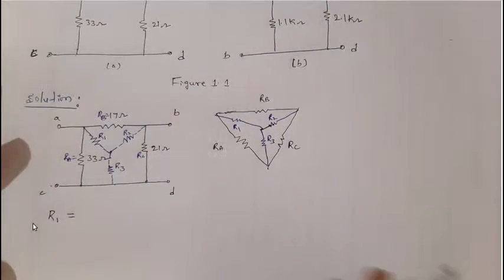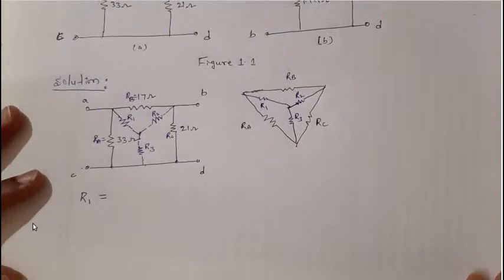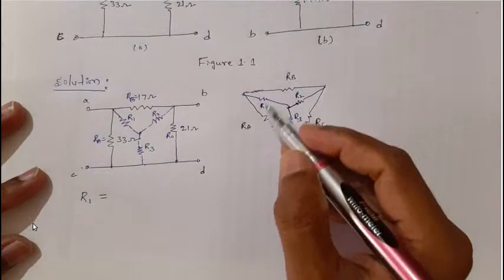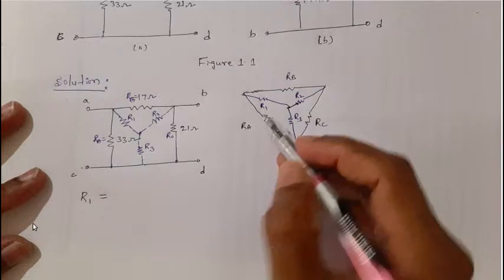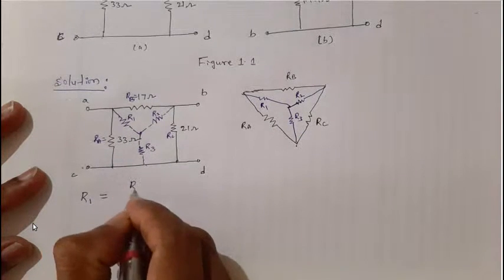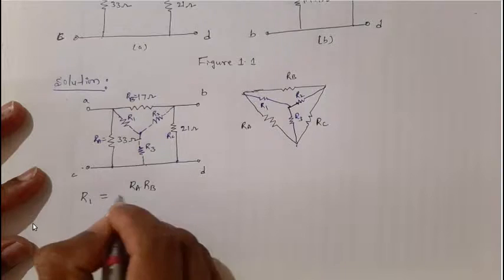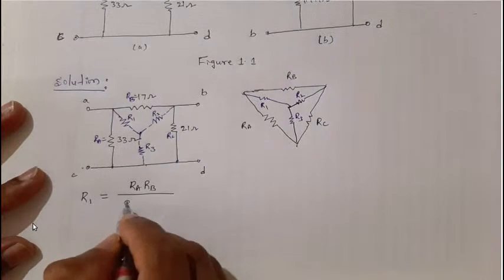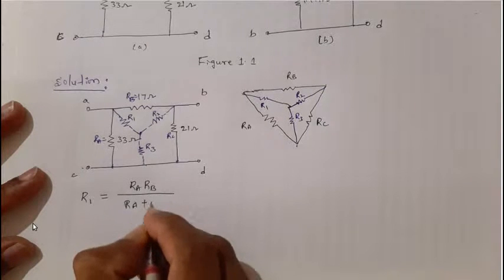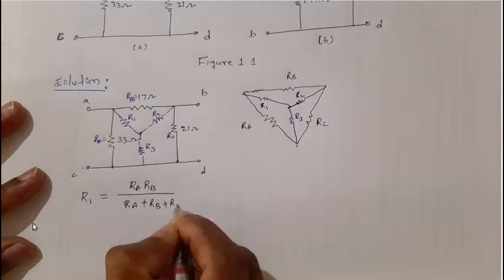R1 is equal to the product of the two nearest resistors, which is RA RB, divided by the sum of all the resistors, that is RA plus RB plus RC.